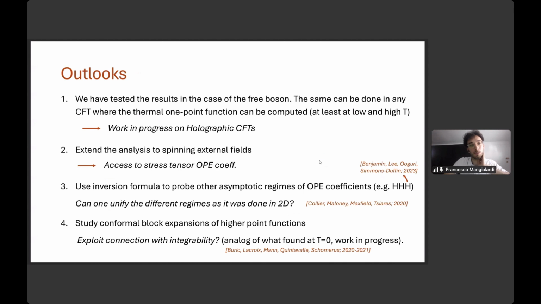I may conclude with some outlooks of this discussion. The first one is that we've tested our analytic result here in the simplest case, the one of the free boson. But the same can be done in any CFT where the thermal one-point function in this geometry can be computed, at least in the two regimes of low and high temperature.